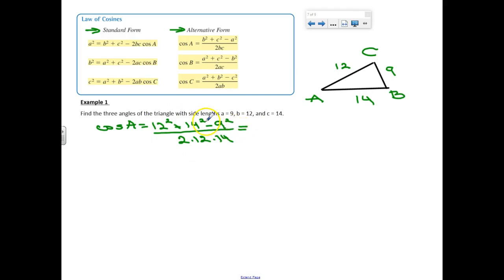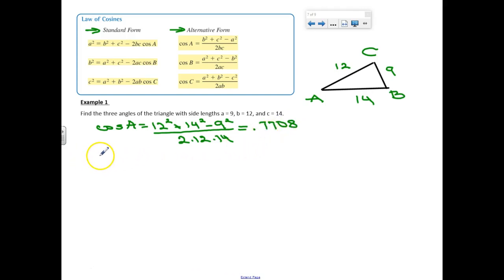When you do so, please make sure that your full numerator is in parentheses, and then you do divided by the denominator also in parentheses. When I did this in the calculator, I got that the cosine of A is equal to 0.7708.